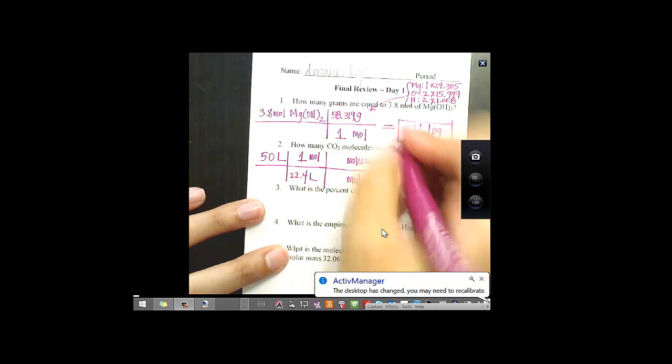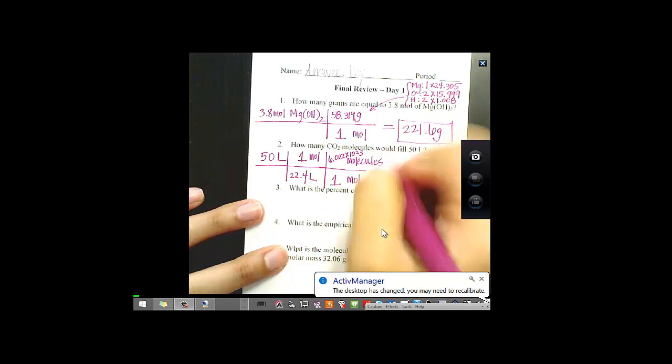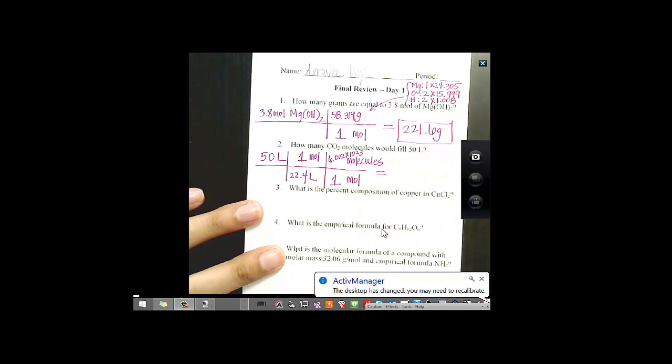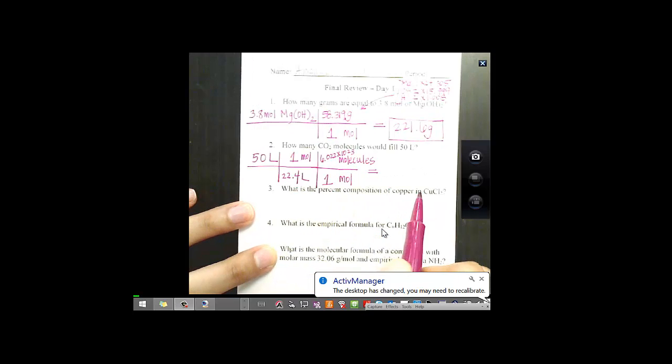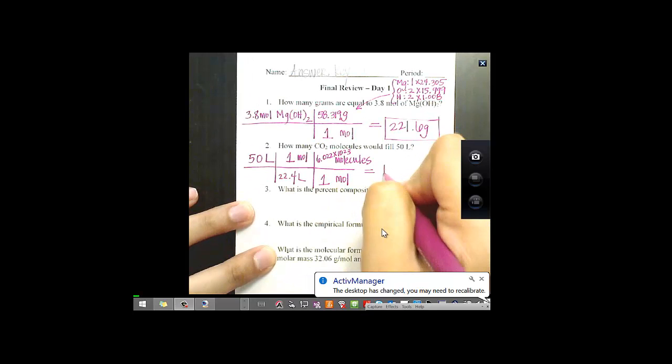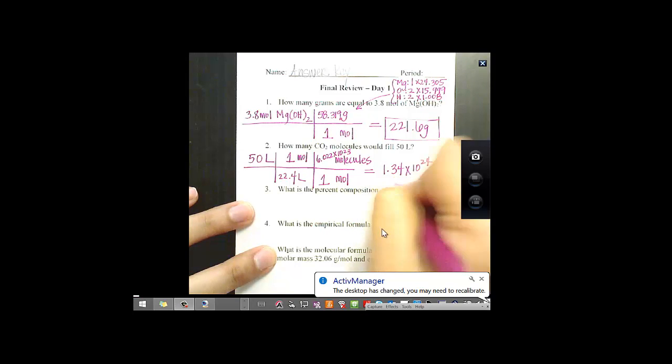The top conversion says that 1 mole is equal to 6.022 times 10 to the 23rd molecules. So this time we have to divide and multiply, right? So we divide what's on bottom, multiply times what's on top, and we're going to get 1.34 times 10 to the 24. Don't forget your units, molecules.